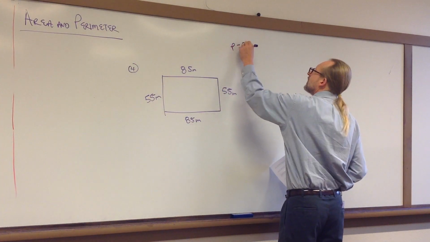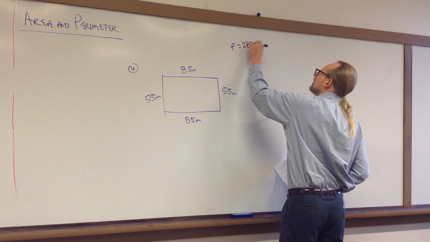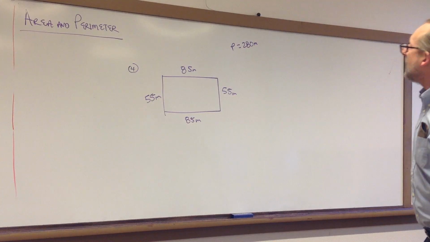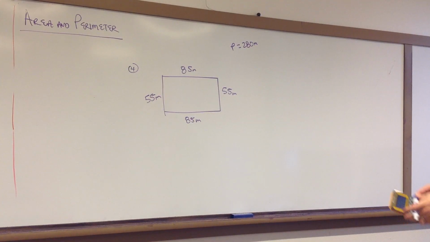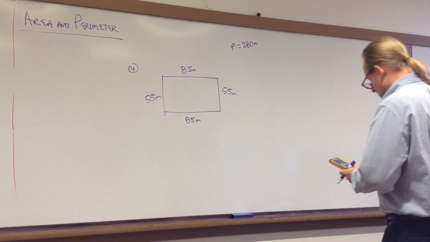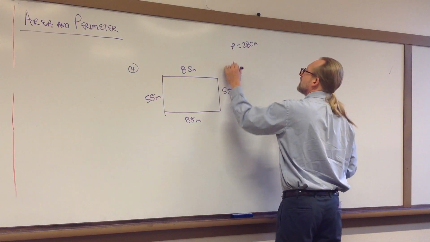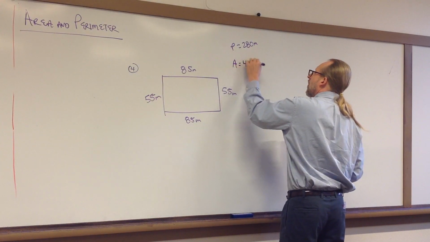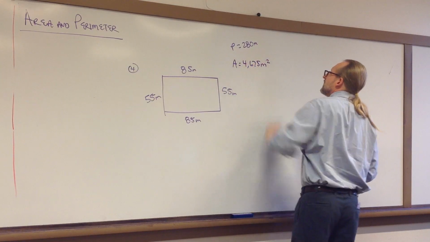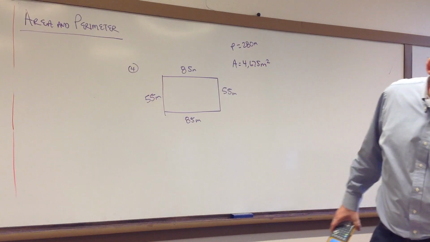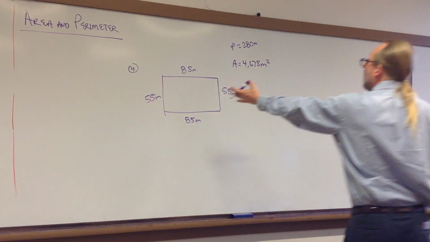So our perimeter there should be 280 meters. Okay, now let's find the area as well. Let's see, 85 times 55, 4,675 square meters.